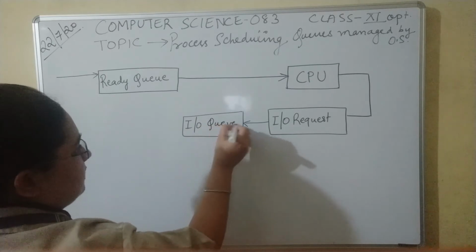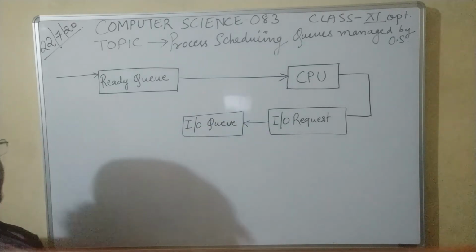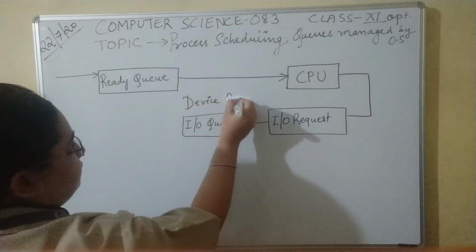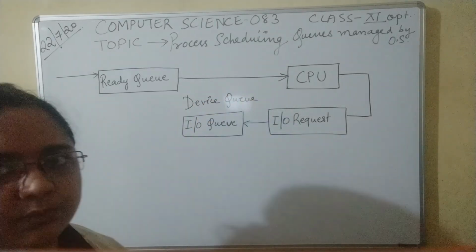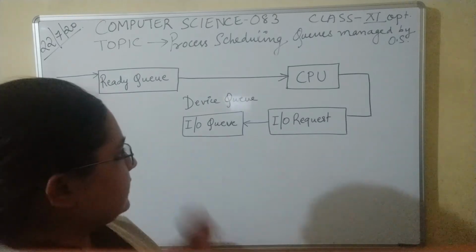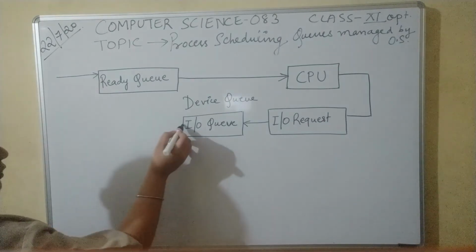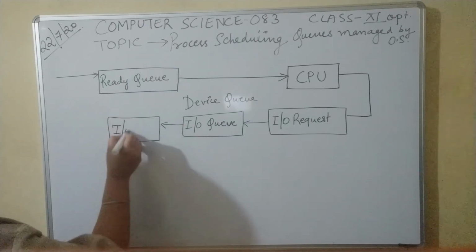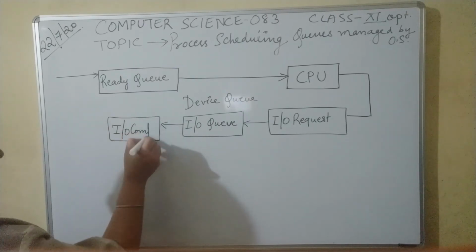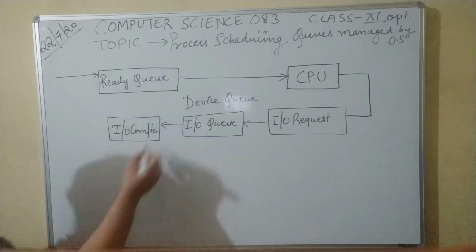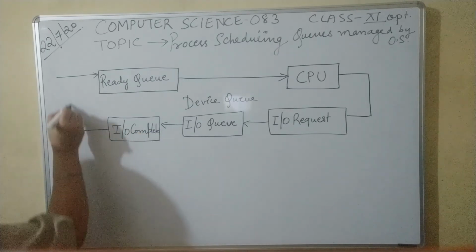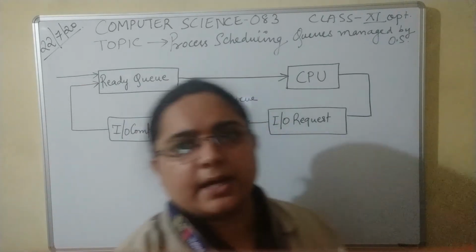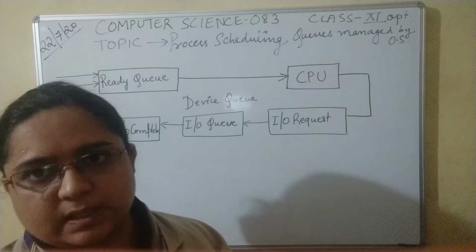The IO queue is also your device queue. Once the IO is completed, the process again goes back into the ready state, that is, it is again ready to be executed by the CPU.